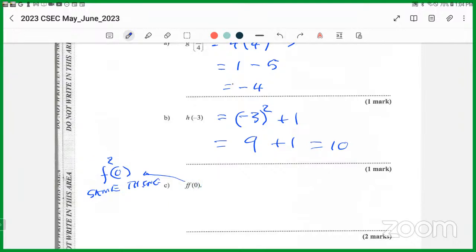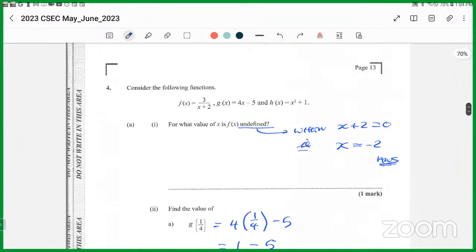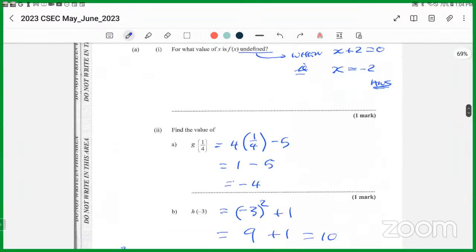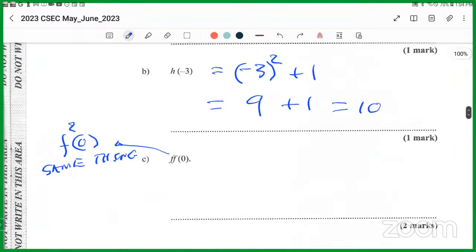Let's go back up and see what f was again. F was 3 over x plus 2. We want to find f of f of 0. We have to recognize that this means you do f of 0 first.